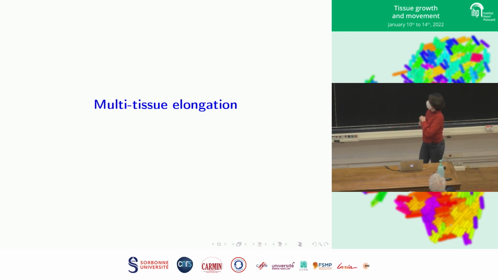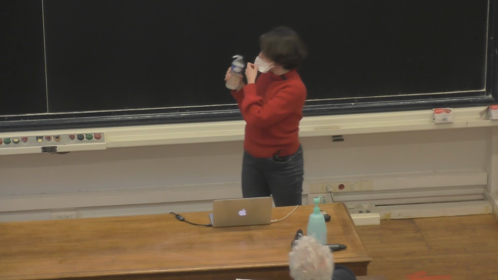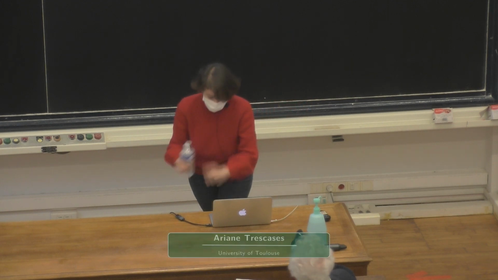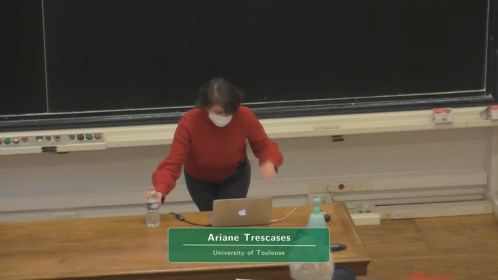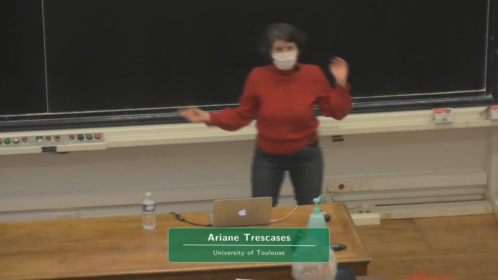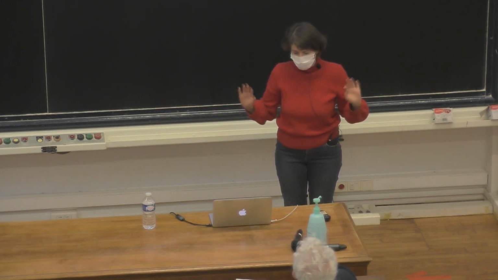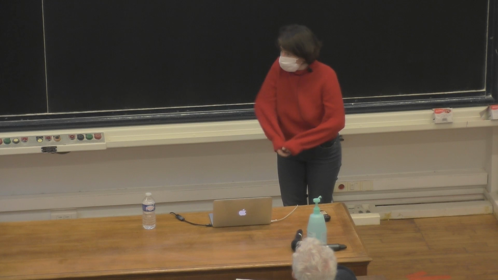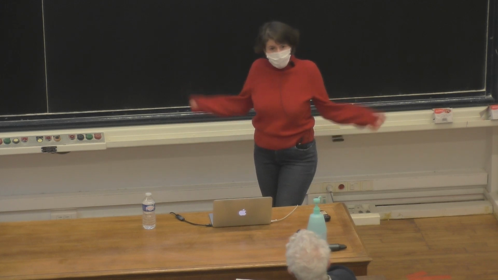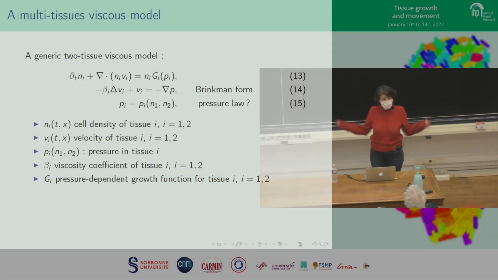Okay, now I will go to the case that interests us for the embryo, where I have multiple tissues. So now I have, let's say, two tissues to simplify. I will have one system of equations for each of the tissues.